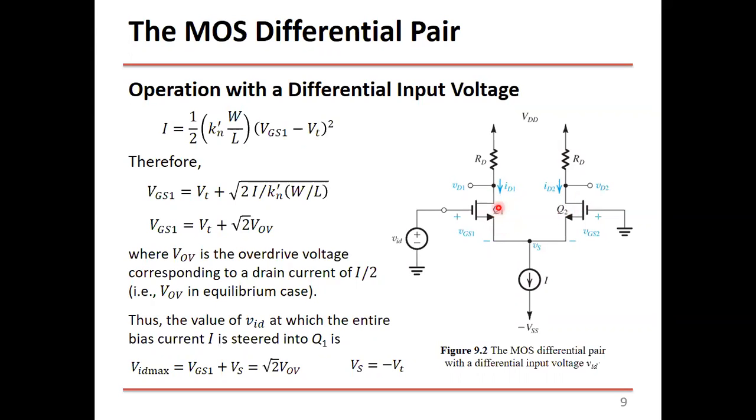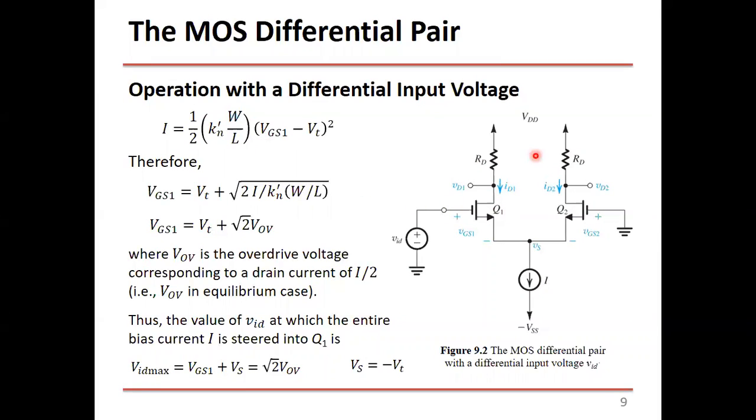So if you steer all the current to this side so that ID1 becomes I, now how much is VID that will make this situation happen? We will substitute ID1 as I in the equation of the MOSFET transistor. Remember this equation? Half Kn prime W over L times V over drive square.